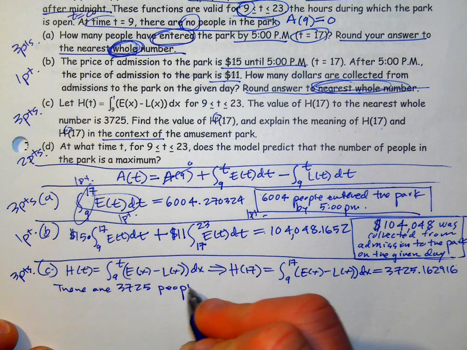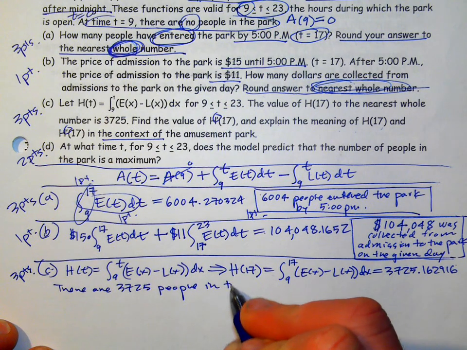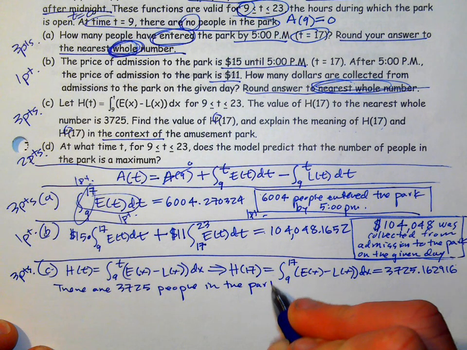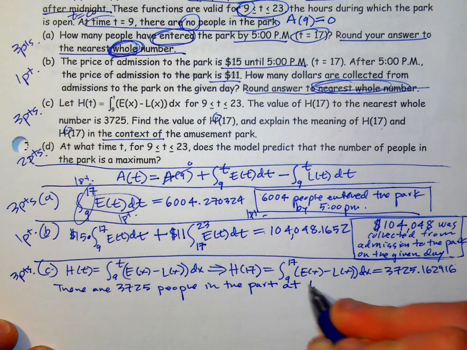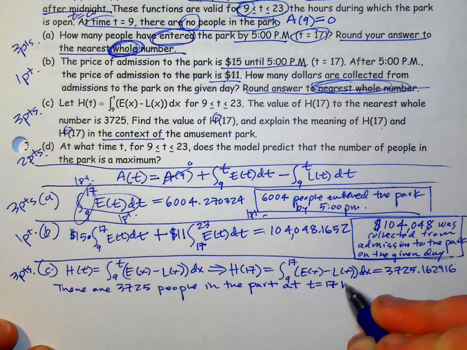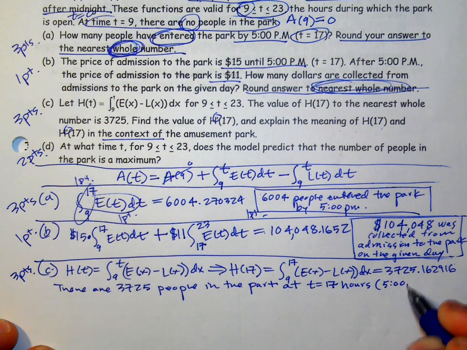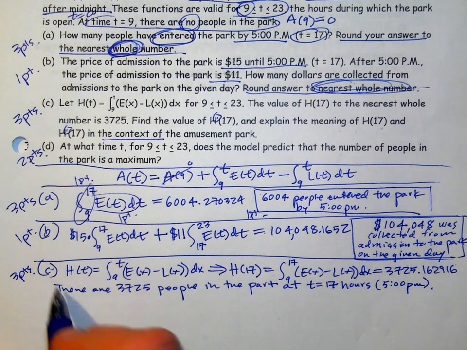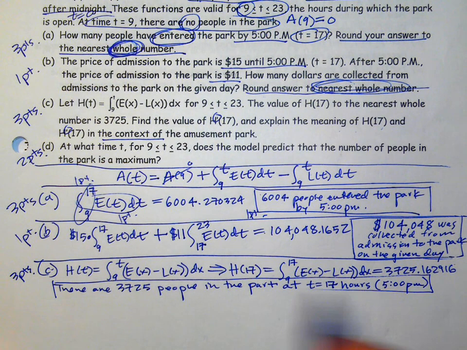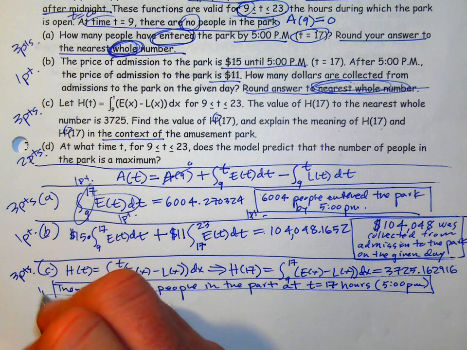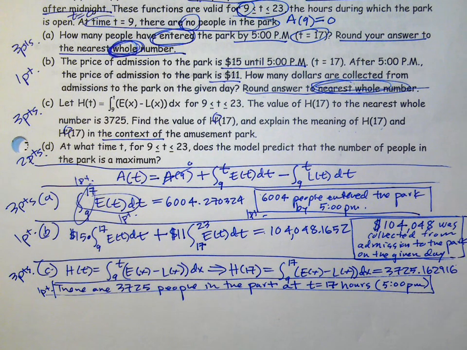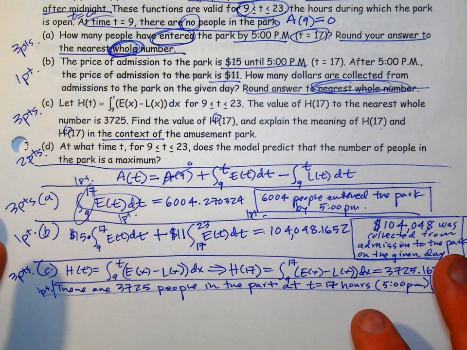People in the park at t equals 17 hours. You've got to put units, or 5 p.m. I'm assuming both of those would be fine. That's a point. So you've got to recognize, oh yeah, this is a rate model. That's the whole rate model.